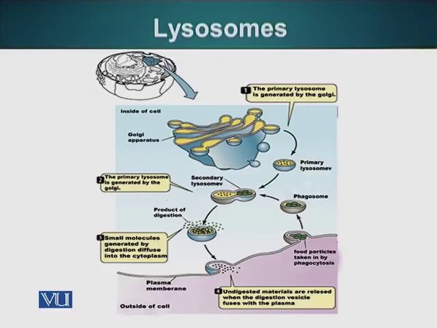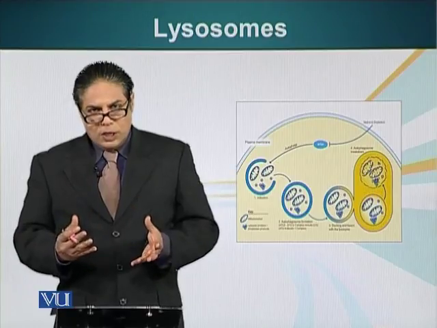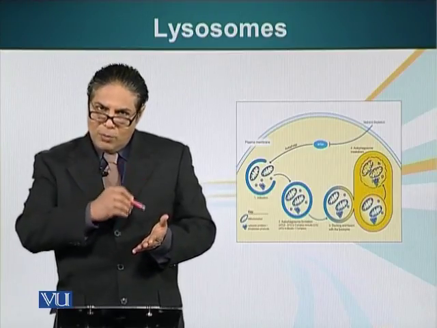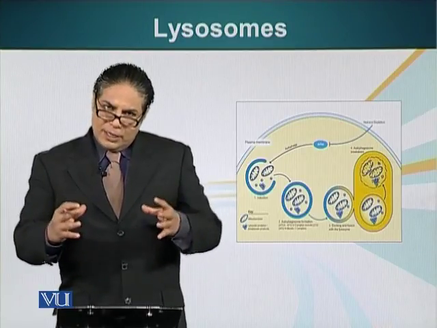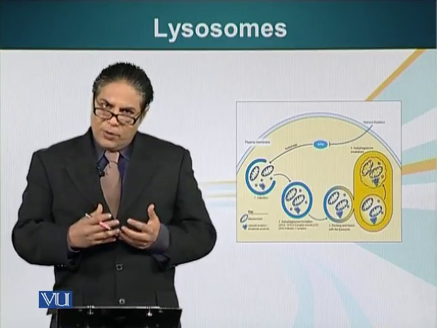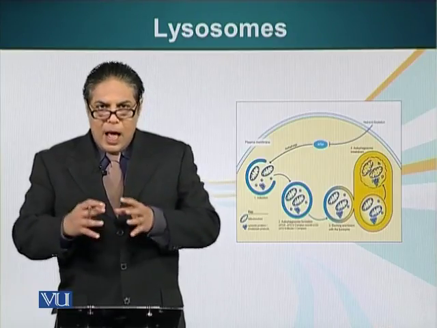Also, I would like to mention that not only phagosomes fuse with the lysosomal vesicles, the organelles which have become non-functional in the cell, for example mitochondria, when they become non-functional, the cell puts a membrane around these mitochondria, and these vesicles, which now contain cellular mitochondria, are fused with the lysosomal compartment.